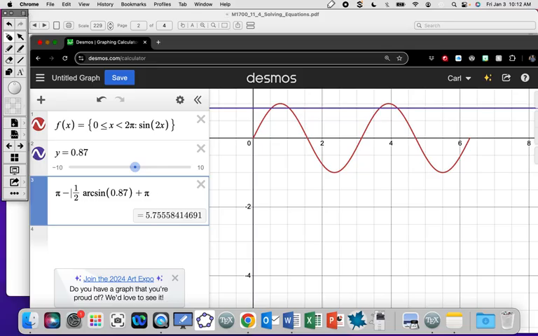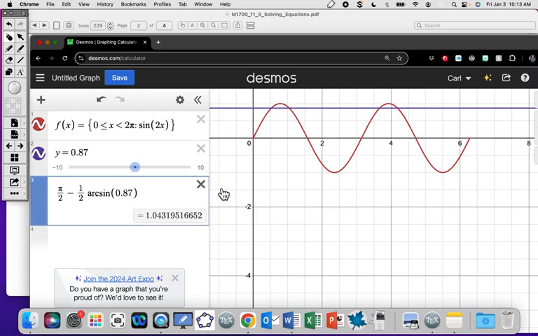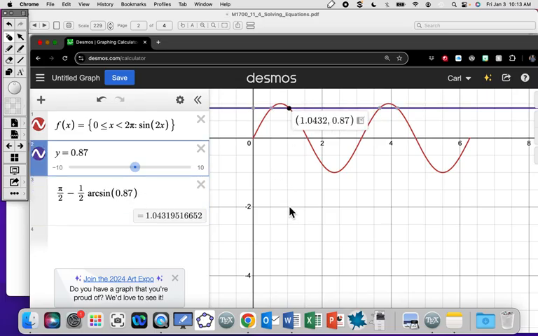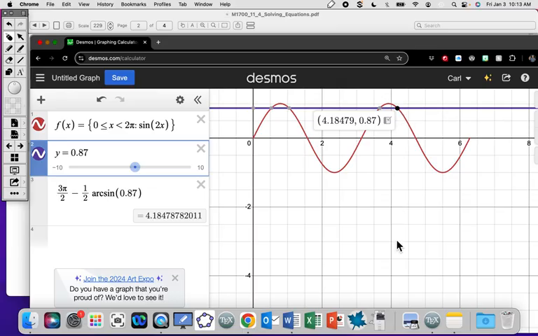The second family, pi minus that. That's the quadrant 2 answer. That should be the first one here. Excuse me, pi over 2 minus that. There. And then if I add pi to that, that's the 3 pi over 2, which is that one there. Okay?